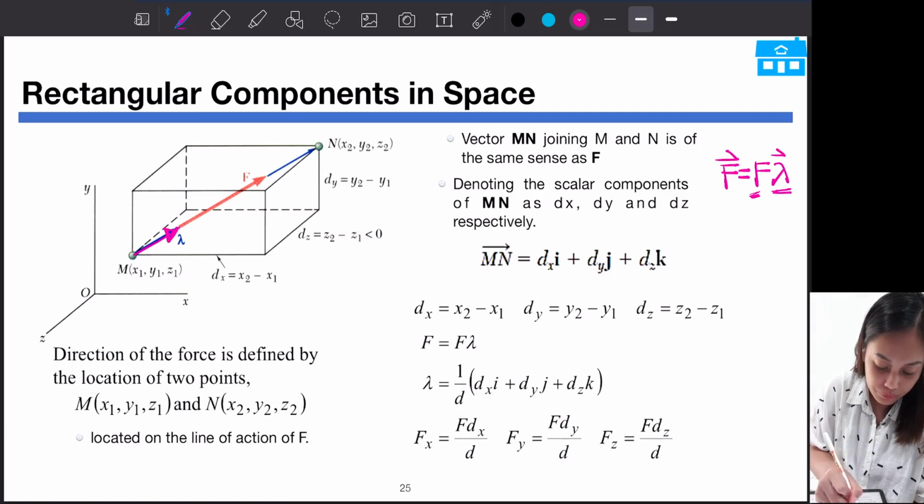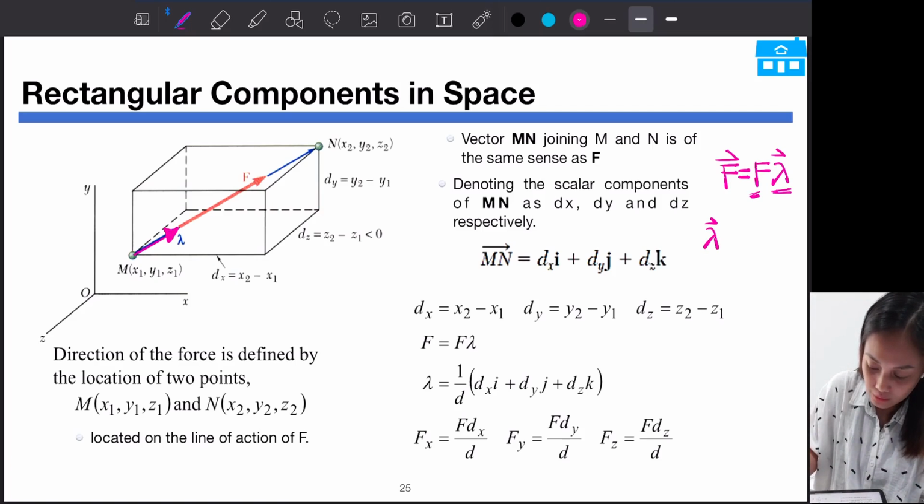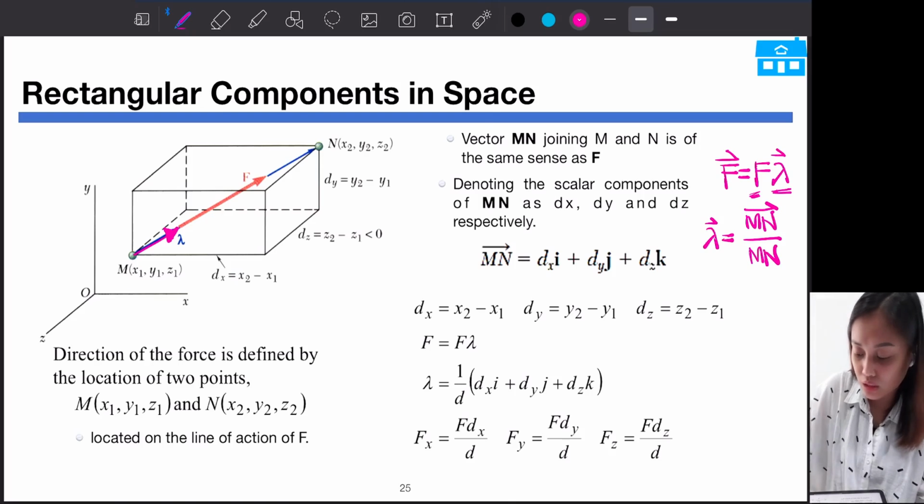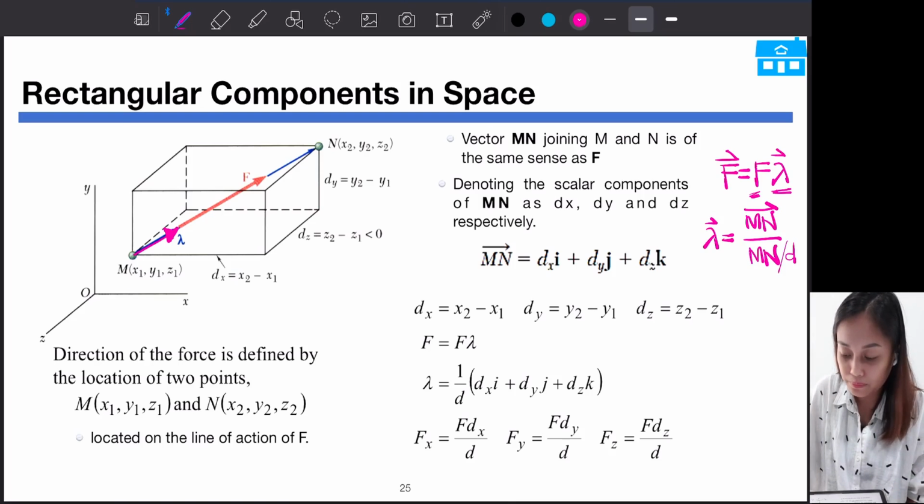We can get it: lambda is equal to vector MN, or these two points along the line of action of F, vector MN over the distance between point M and point N, or sometimes designated as D.